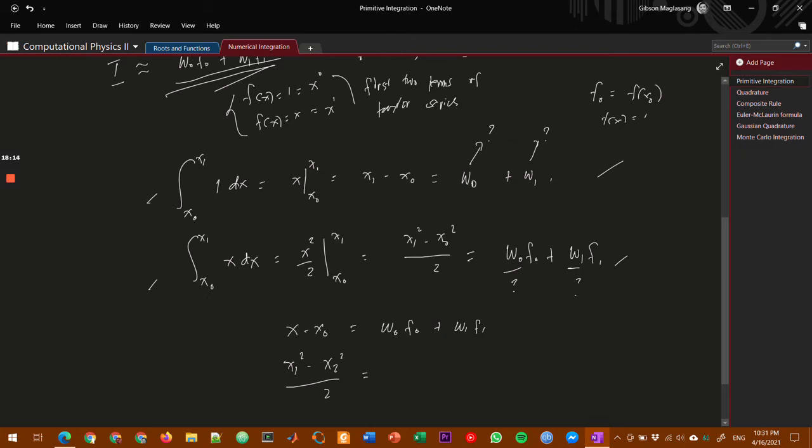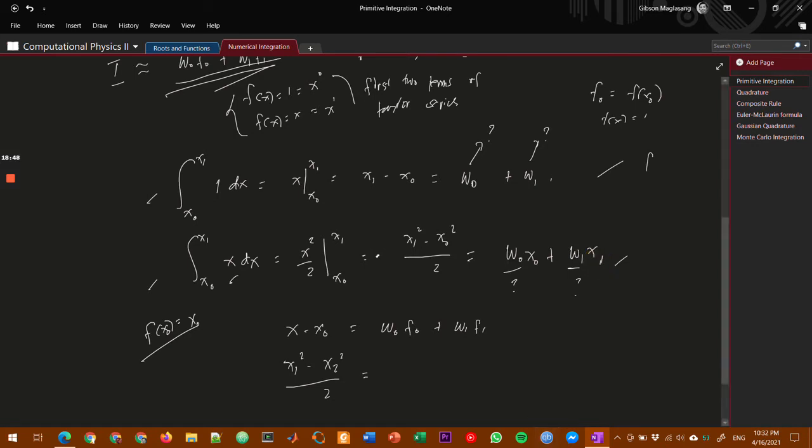For this case, f of x is x, so f of x naught is x naught, and f of x1 is x1.